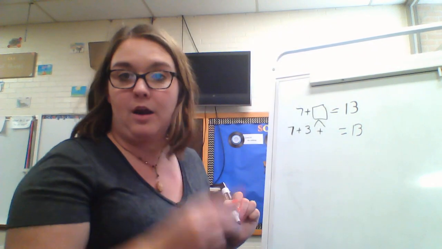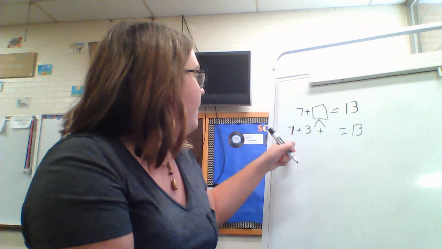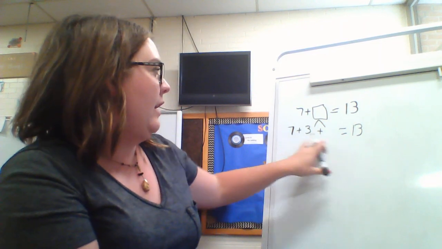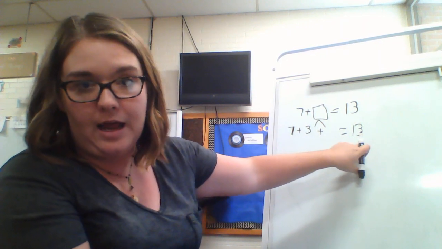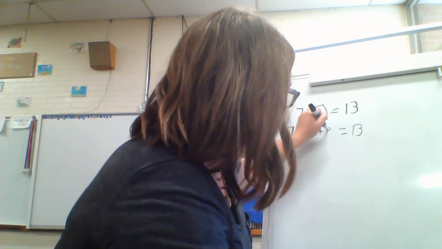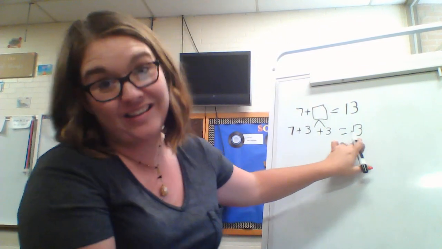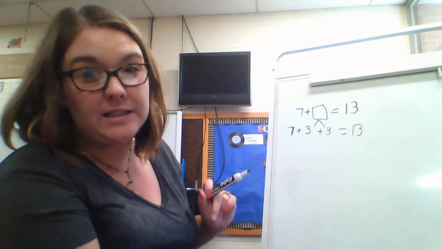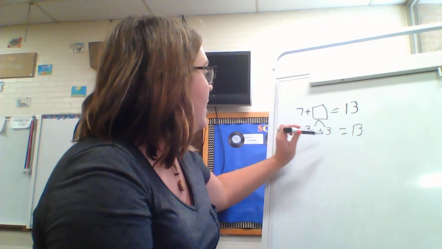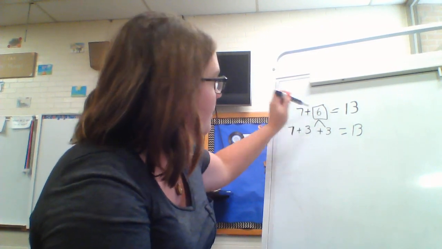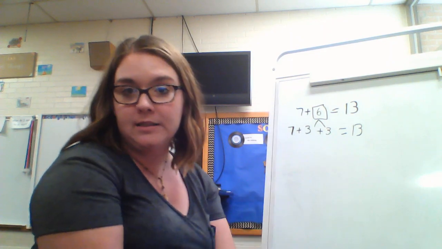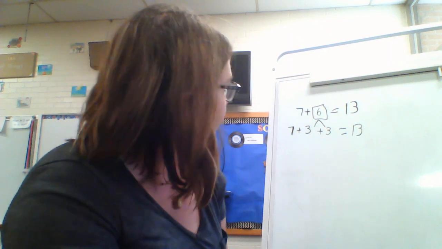So I write 3 down because I had 3 fingers up. I know that if I add a 3 to a 10, I'll get 13 because you always are just adding that last number to your 10. That's why it's so easy to add from 10. So I have 3 and 3, that makes 6. So 7 plus 6 equals 13.